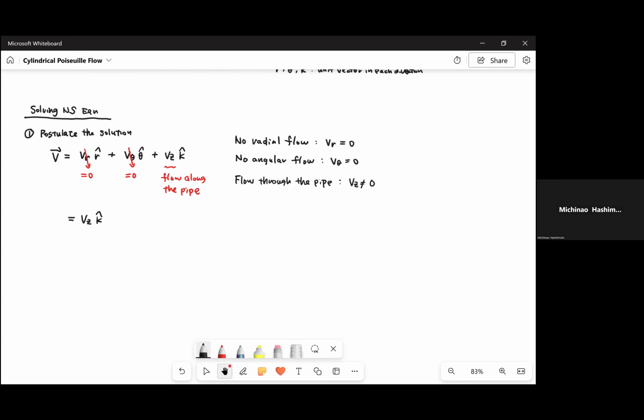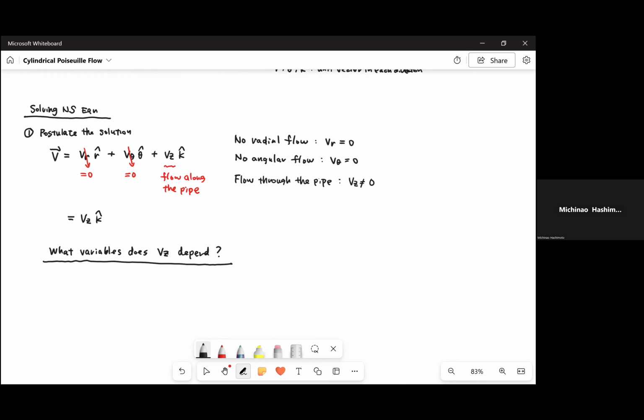So then the next question is: which variables does V_z depend on? This is the same question as in the other cases. In this case, V_z is a function of four variables.